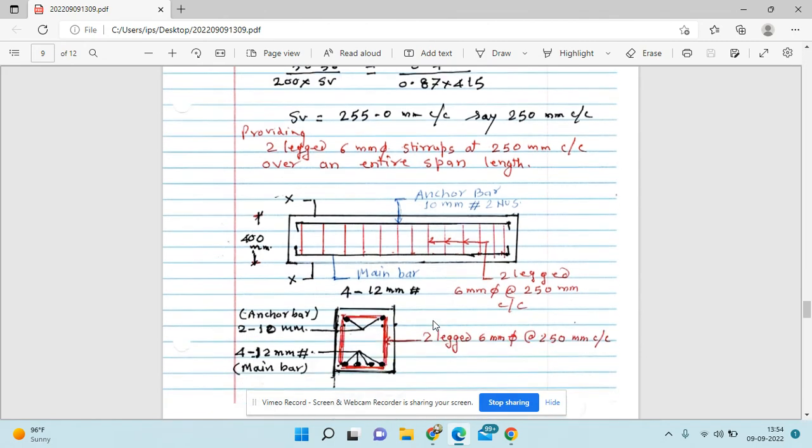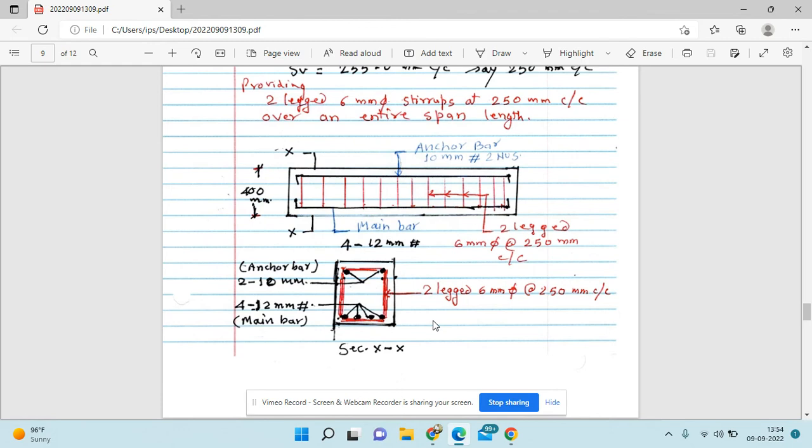Now here you can see the figure itself shows that the top reinforcement bar, which we call the anchor bar, need not be designed. The shear reinforcement of 4 bars are already given in the bottom, and these are the stirrups of two-legged 6 Phi at the rate of 250 center to center.